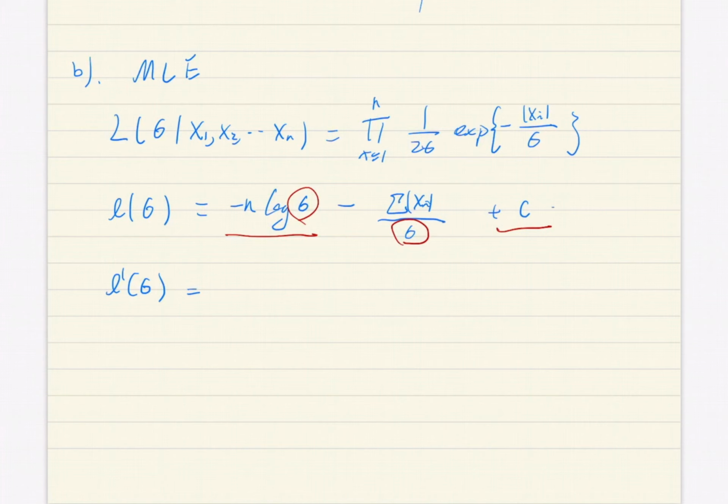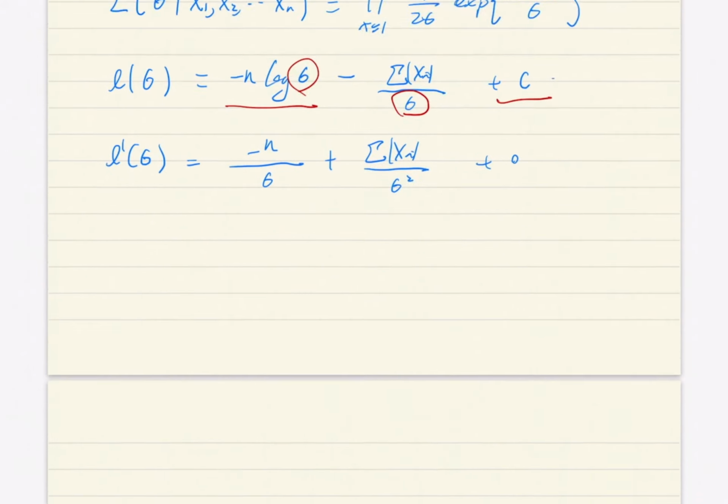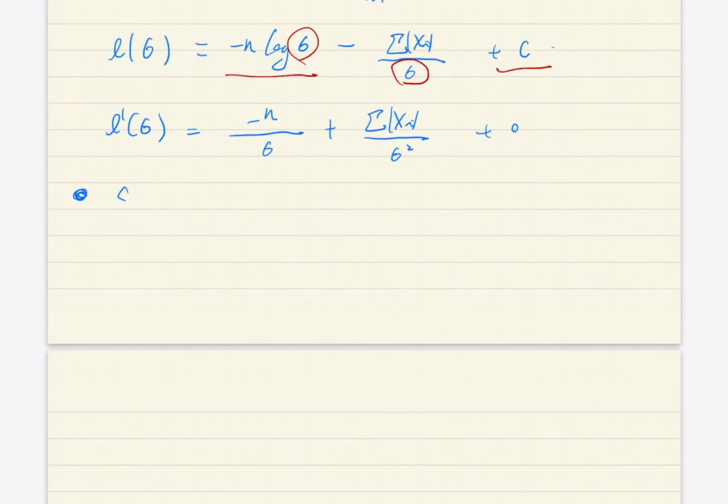The first derivative of this, you can do this, and the second term is positive, with sigma to the power 2. Okay, set it equal to zero. So then we have to solve. We have the summation of the absolute value of xi equal to n over sigma.